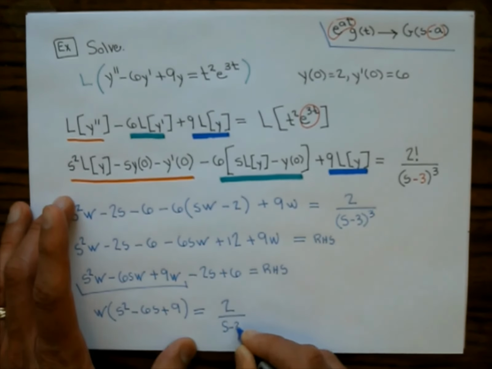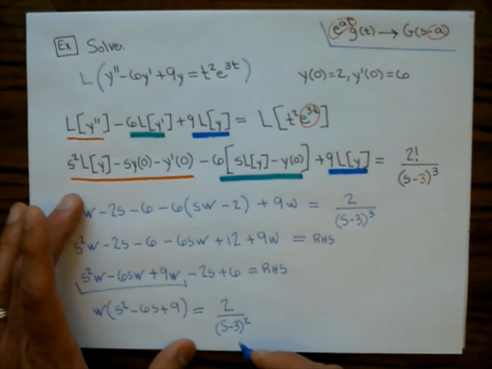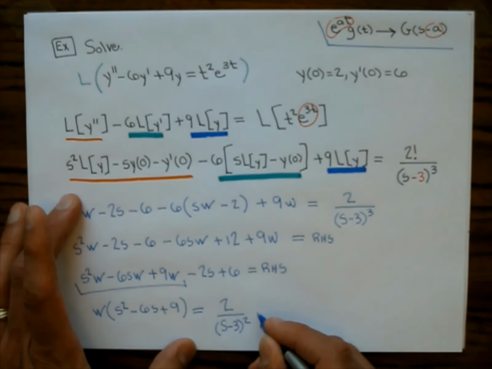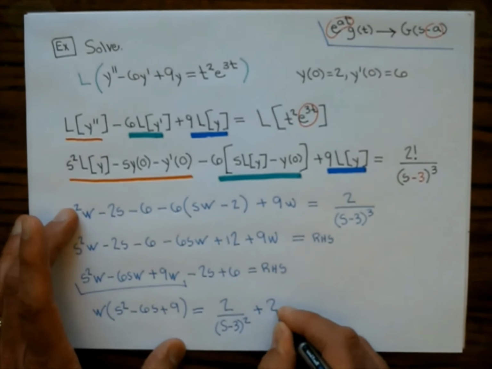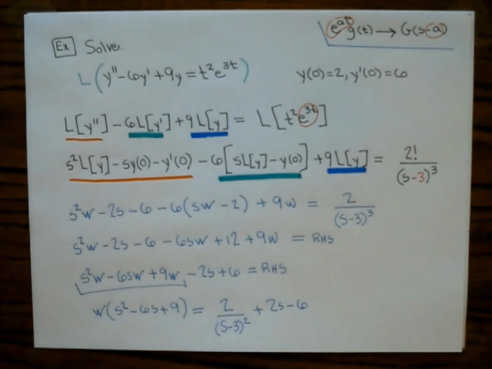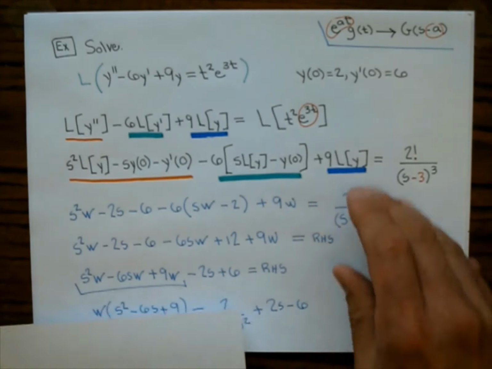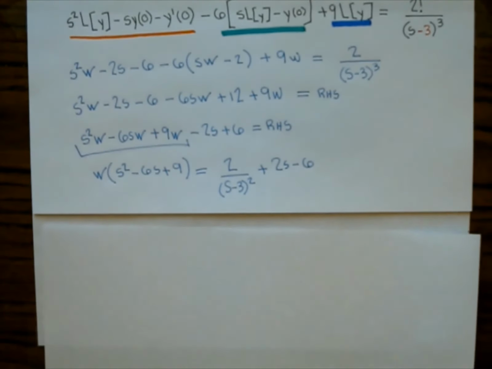I'll put them on the right-hand side. So this is 2 over S minus 3 squared. And then this is, what? This is plus 2S minus 6. Okay, so we're going to have to move on to another piece of paper here to do this.